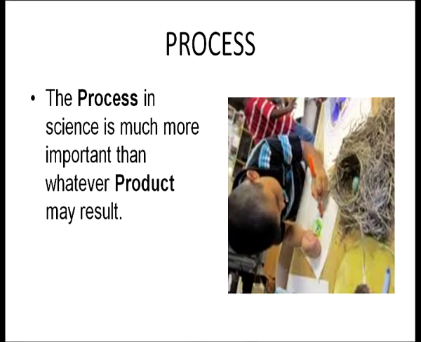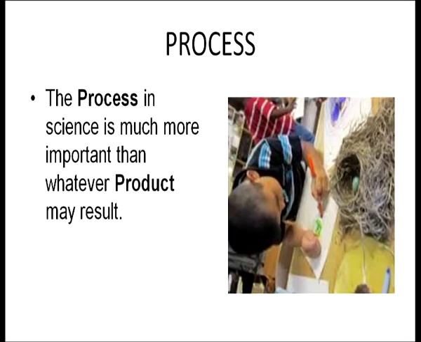Process. We keep on focusing that the process in EVS and science is much more important whatever product may result. So if we see in a picture, the child is looking at the nest and trying to depict that nest on his paper. How he's drawing is not important.